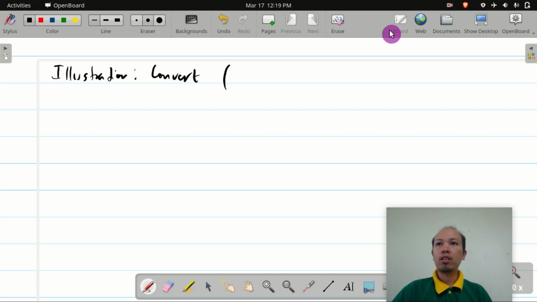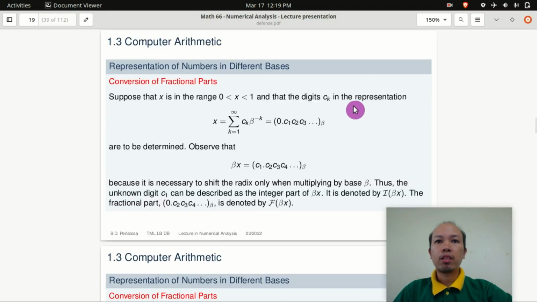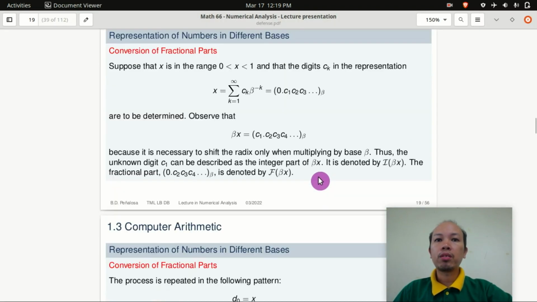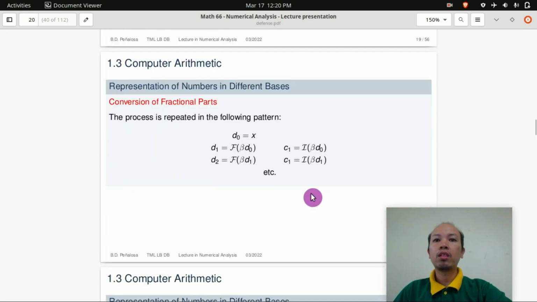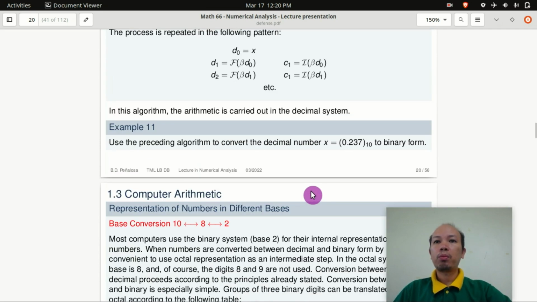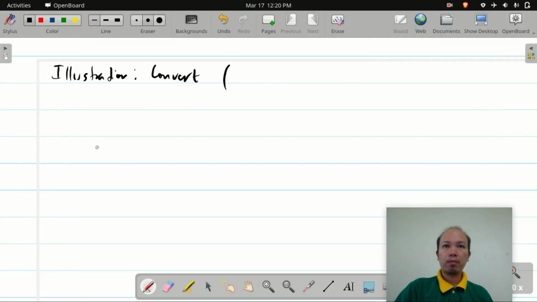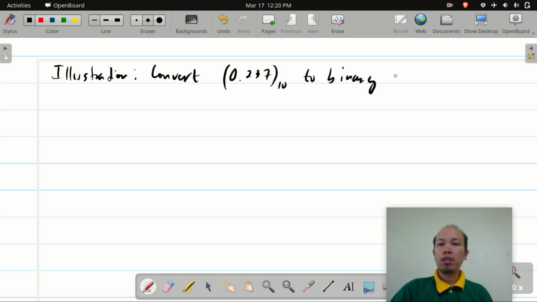Let's try to convert 0.237 in base 10 to binary form, a binary number. So let's have the solution.